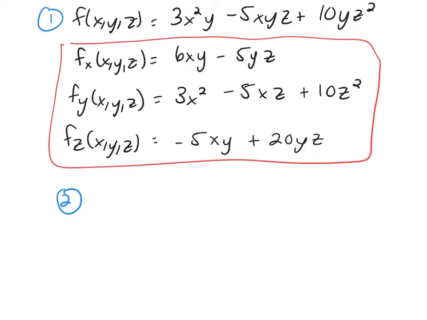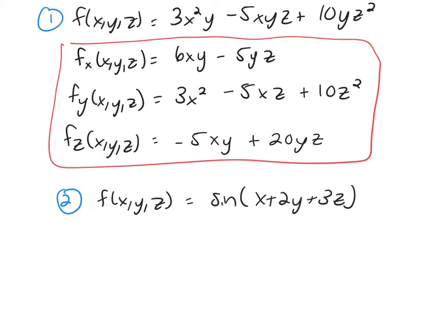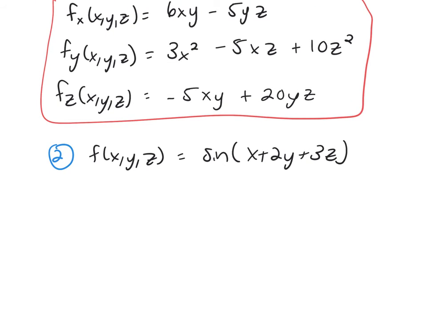Let's say our function is sine of x plus 2y plus 3z. So here we have to use the chain rule. So the derivative of the outside, the derivative of sine is cosine, and leave the inside alone.